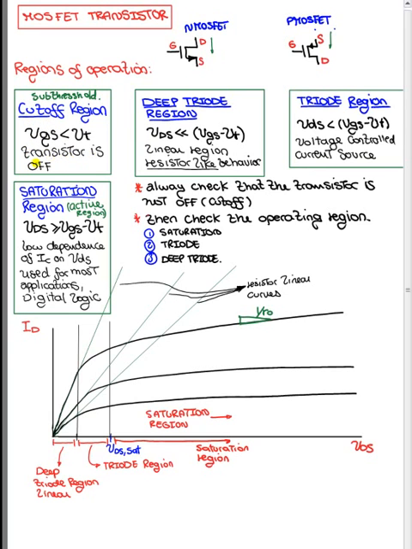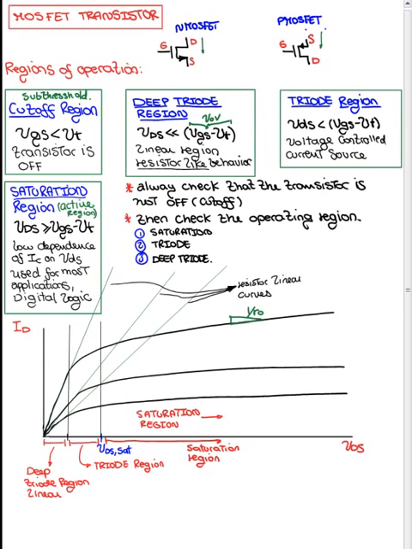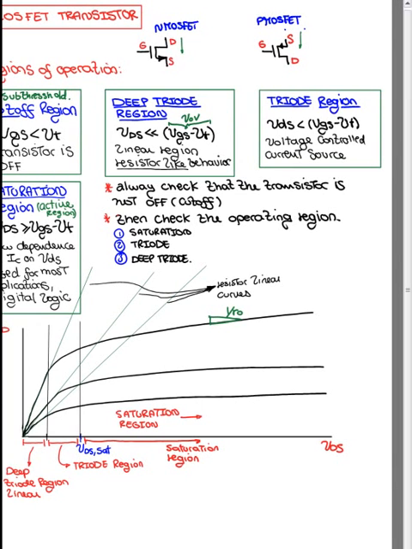And there is the deep triode region, when the drain to source voltage is much less than the overdrive or saturation voltage. Remember, this is VOV. And then is the linear region, or the resistor, where the transistor behaves as a resistor in a linear fashion. Then there is the triode region, where the drain to source voltage is just slightly less than the overdrive voltage, and the transistor behaves as a voltage controlled current source.